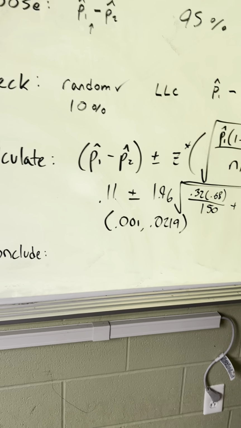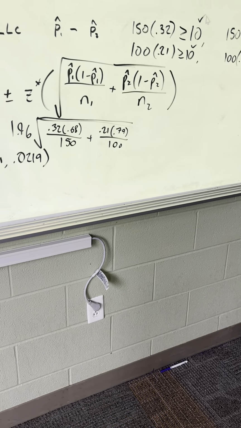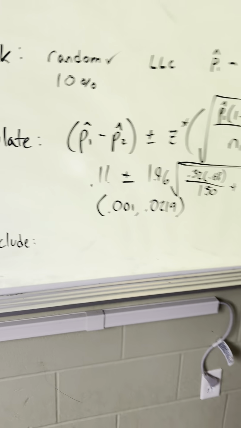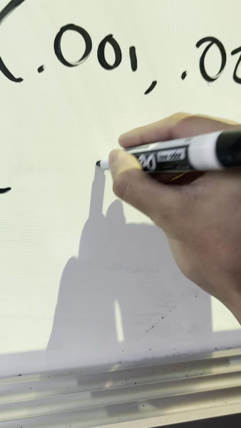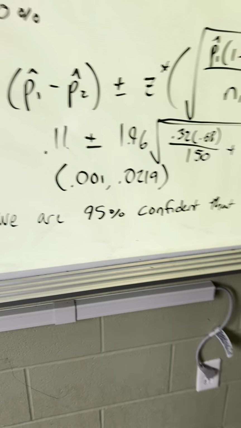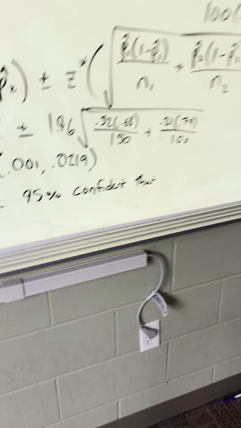But the conclusion is one of the most important parts. So really lock in on how we conclude or how we can state confidence intervals. What we need to say is that we are 95% confident. That word confident, the fact that we are 95% confident, is the biggest part of this.